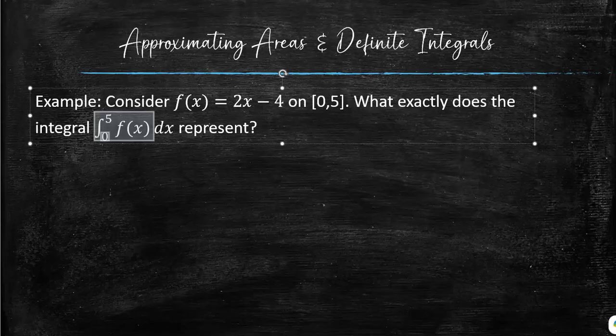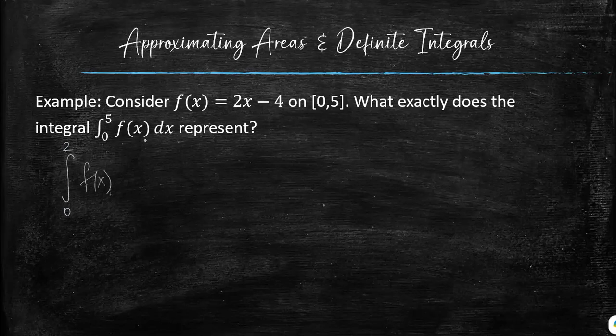Without graphing this integral, or rather graphing the function, we do not graph the integral, we graph functions. But without graphing, I can assume that by the subdivision property, the integral from 0 to 2 together with the integral from 2 to 5 should be equal to the integral from 0 to 5.